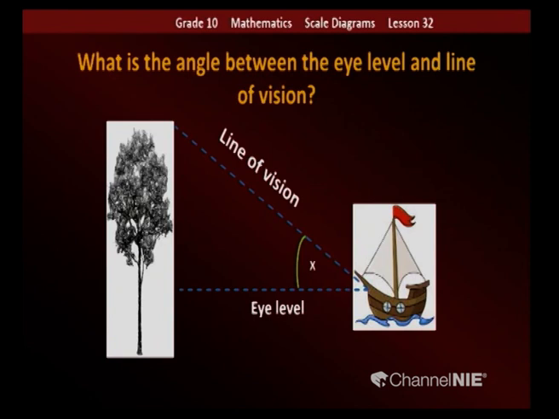Observe it. Here the x, the angle between the eye level and the line of vision. See, the person who is in the boat observing, looking upwards. What is the angle? Yes, very good. That is the angle of elevation.